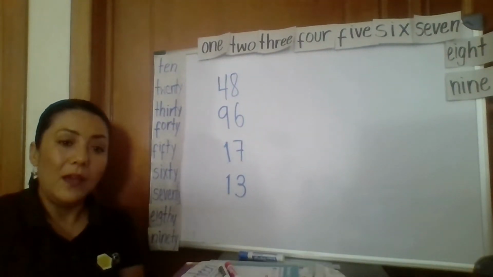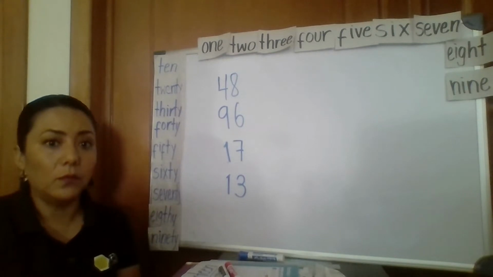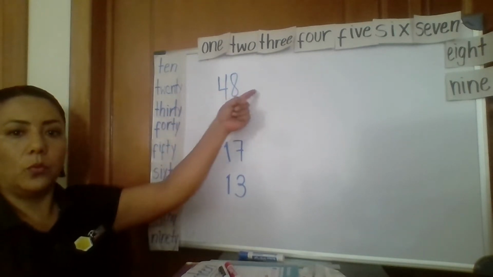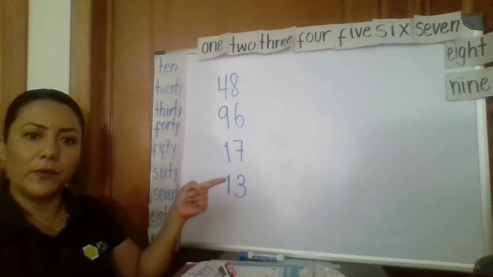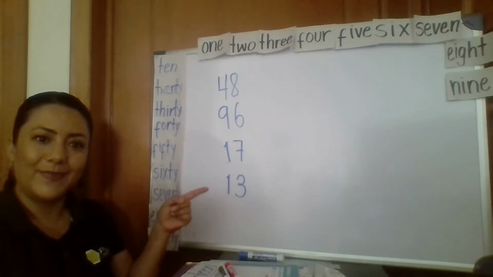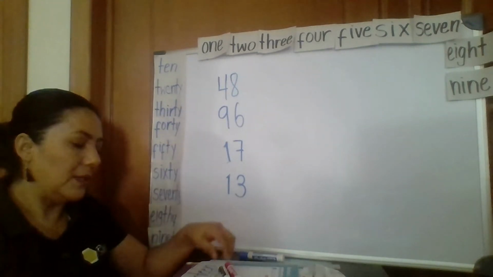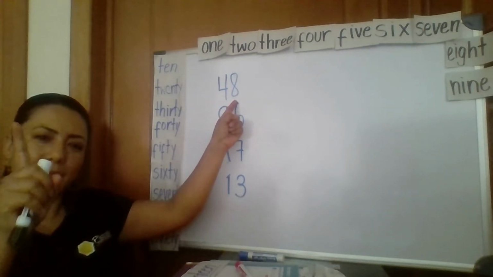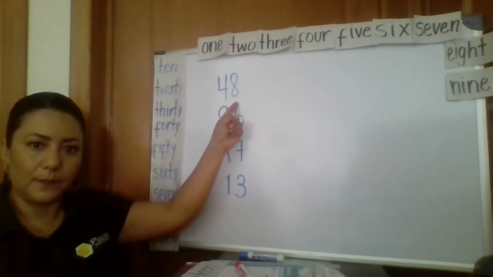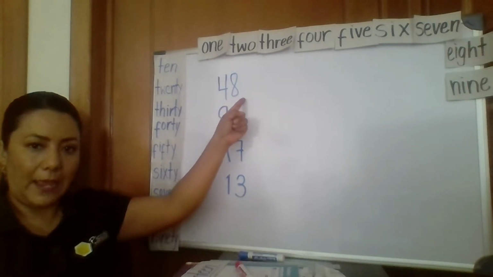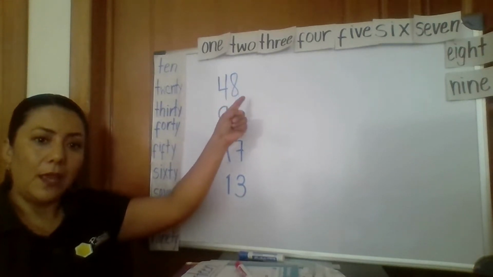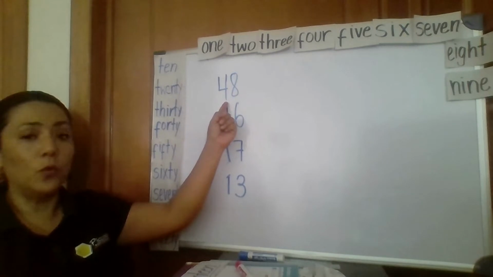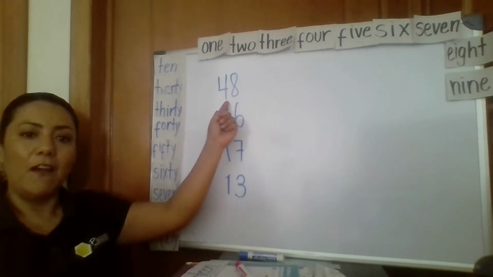Okay, now let's review how to write the number word for some of the numbers, like the ones I have here. If we have this number, please tell me what number it is. 48. So the first word we'll look for is 40.